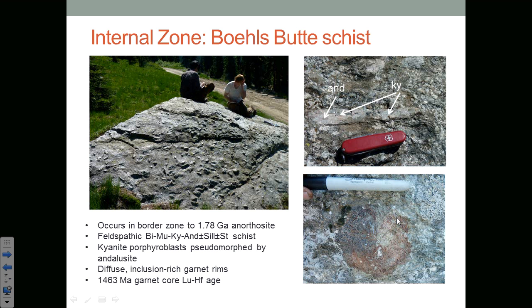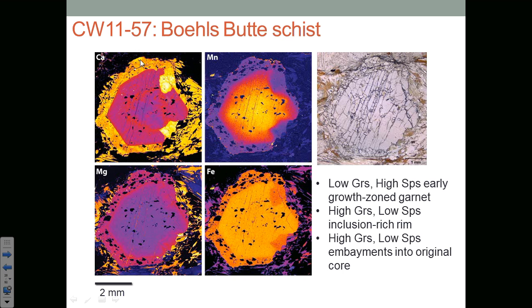What we see when we look at these garnets in detail, though, is that they're really complicated. They have an old core that is Proterozoic, but then they have this high calcium, low manganese rim surrounding that perfectly euhedral core. And this increase in calcium and decrease in manganese reflects an increase in pressure from the core formation to the rim. So low pressure core, high pressure rim, and the inference is that we have an age date on that of 1463.